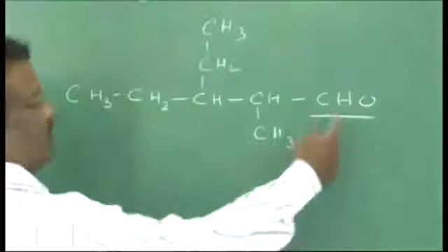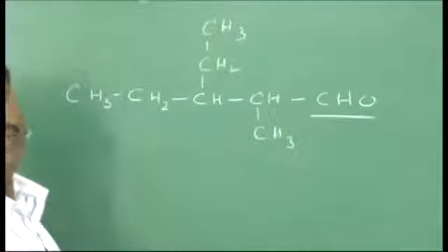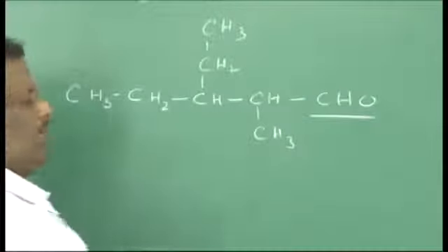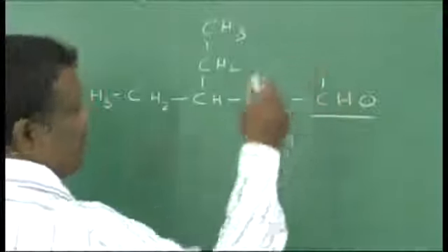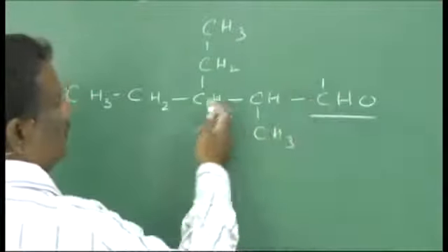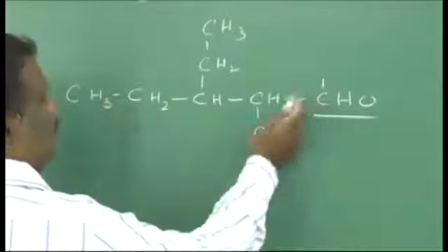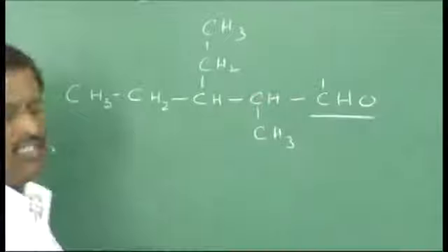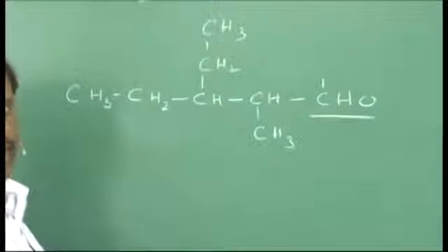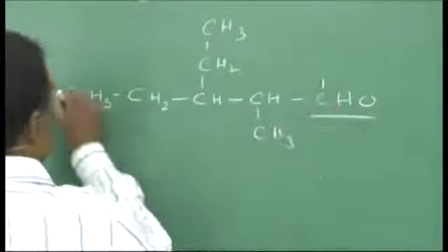CHO and COOH we can call terminal functional groups. If such functional groups are there, this carbon must be the first carbon. So the numbering may be 1, 2, 3, 4, 5, or 1, 2, 3. These are the possible chains. Anyway, the maximum number is 5, so we are going to take this as the main chain.